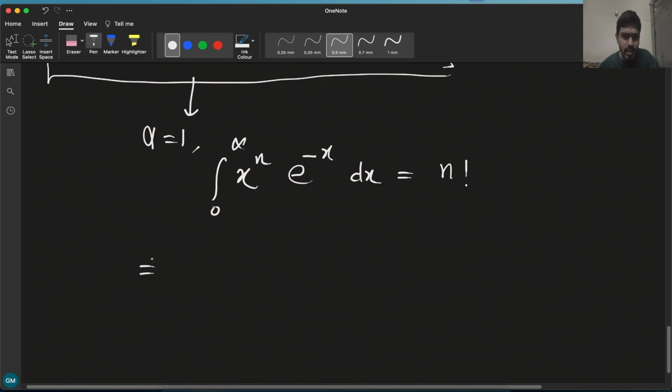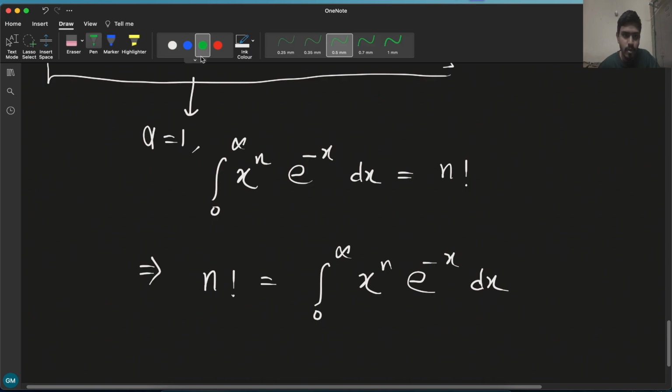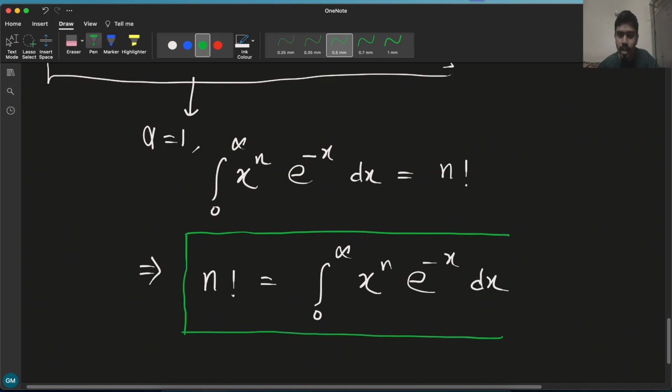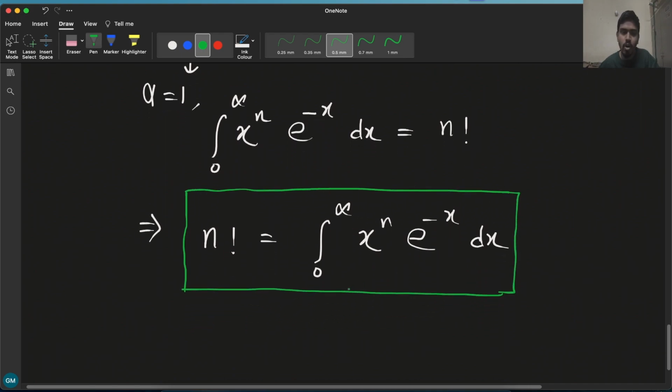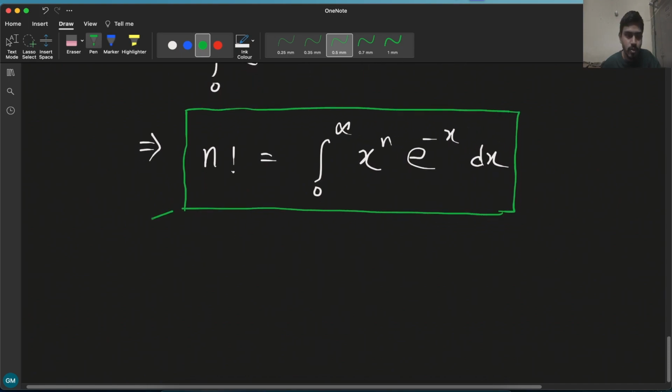Or instead I can write it as n factorial equals integration from 0 to infinity x to the power n e to the power minus x dx. This is called the factorial function. So n factorial can also be written like this.